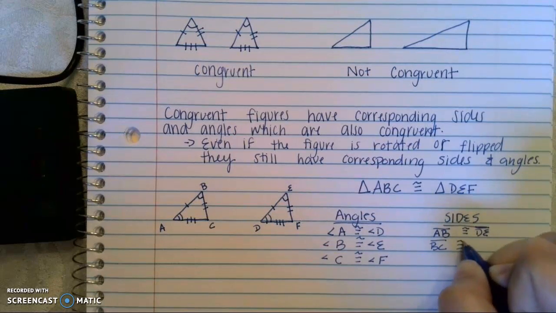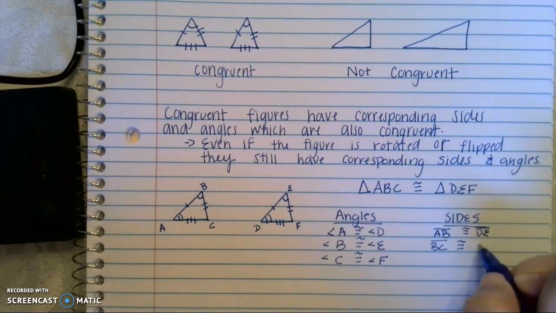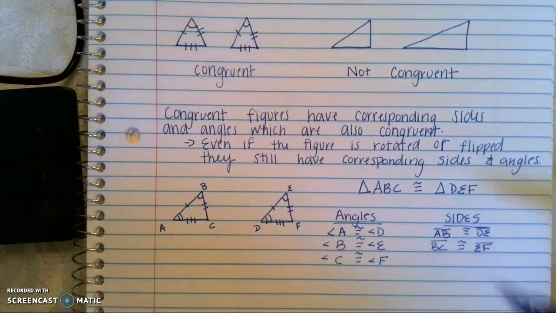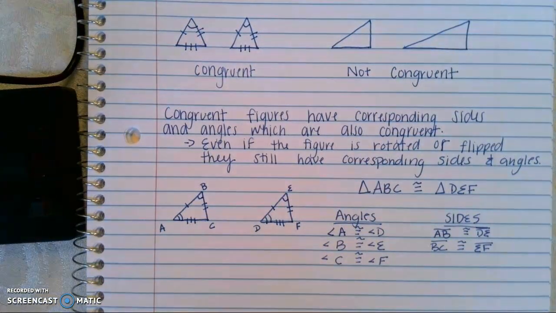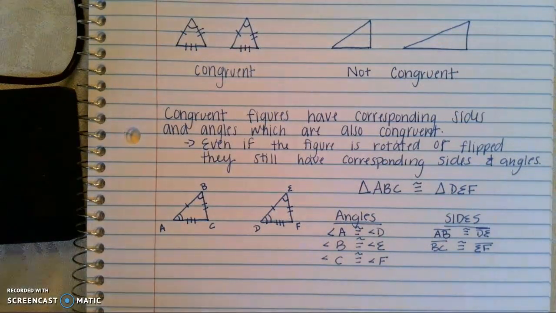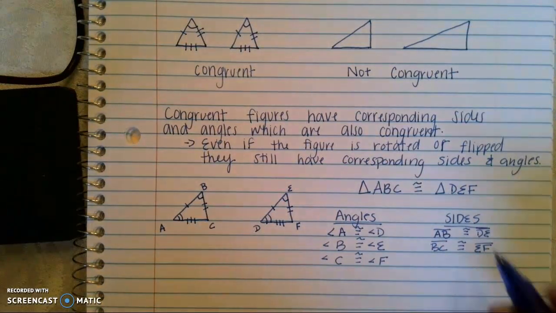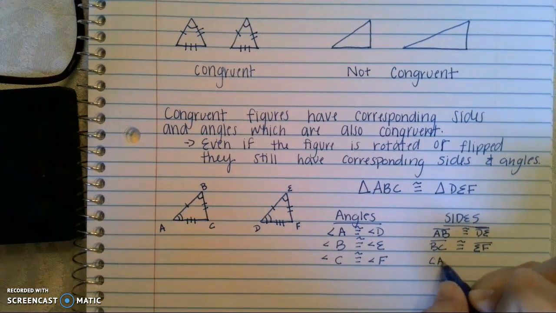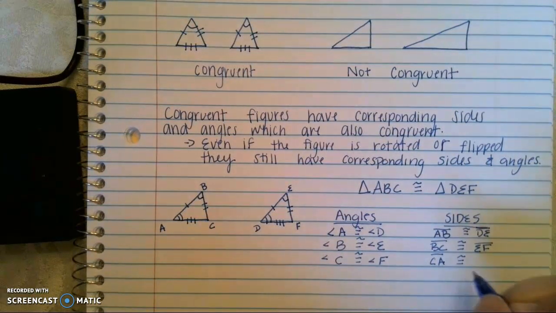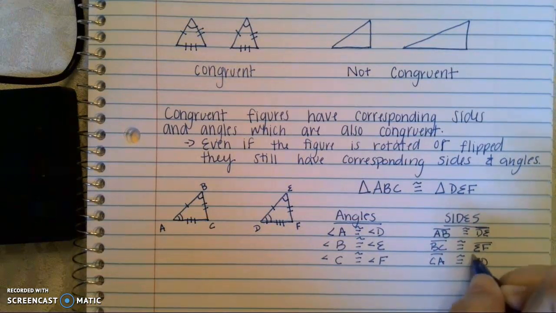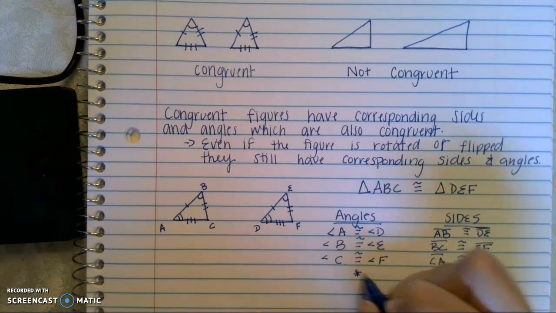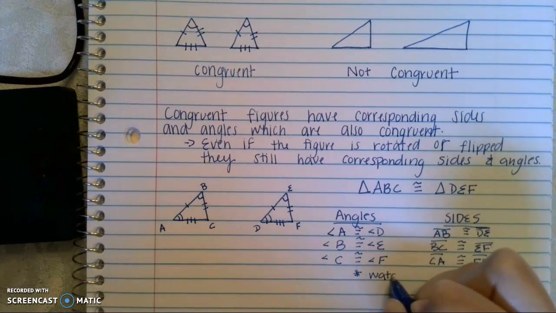That's going to be congruent to EF. Notice I put the lines above it to let us know that it's a line segment. So we're labeling them appropriately. Put the angle sign in front of your angles so you're doing those appropriately. And then our last one, line segment CA, is congruent to line segment FD. And again, I'm just going to put a little note at the bottom. Watch your order.